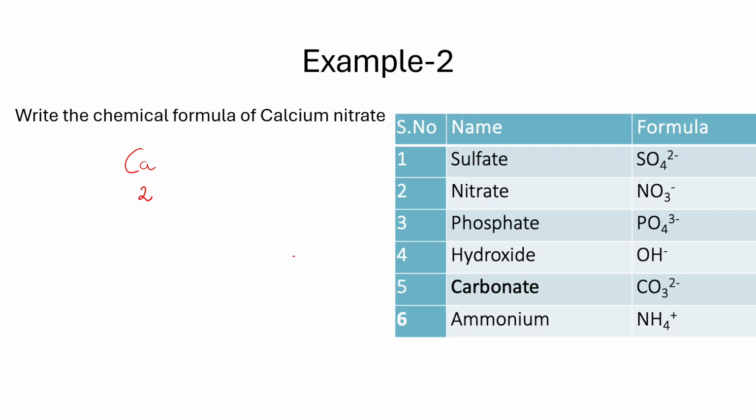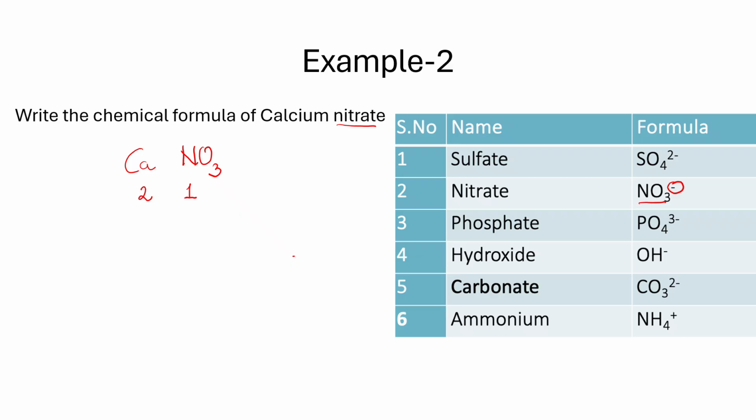Now, the other entity that's present in this compound is nitrate. So nitrate is NO3, and just as we discussed before, the magnitude or the number associated with the charge that's in the superscript, that's the valency. So the valency of nitrate is 1.